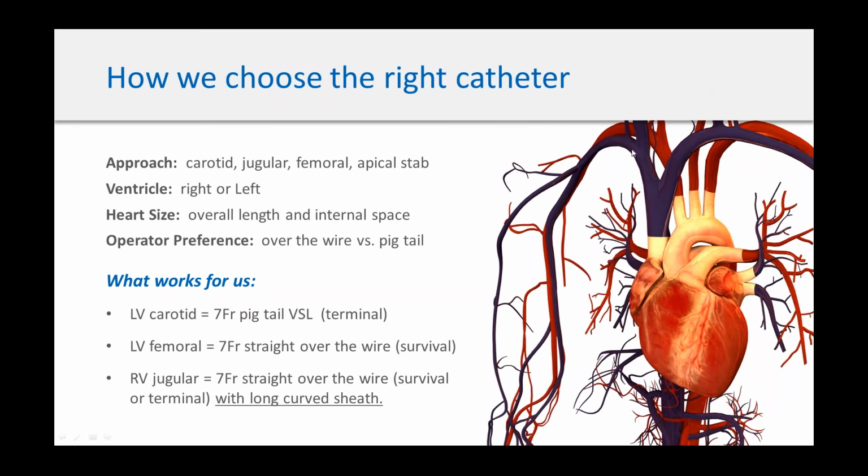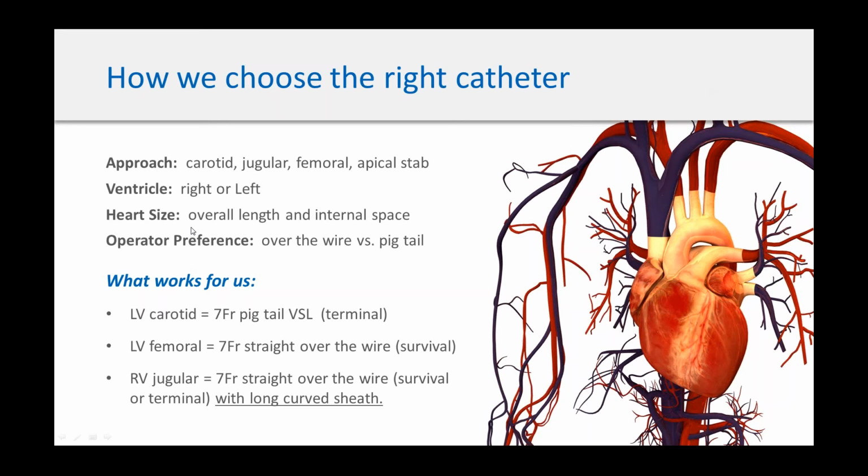Are you going to start from the jugular and go into the right ventricle? That would require a slightly different method. Or perhaps an apical stab approach, or do you start from the femoral down here and then come through the aortic arch and into the left ventricle? And depending on your approach, you might choose a different catheter for each one.